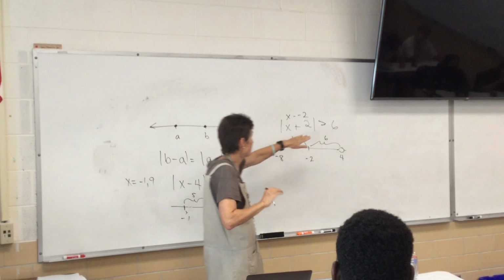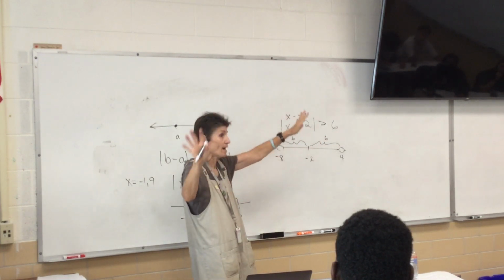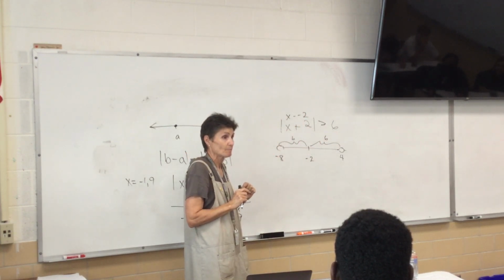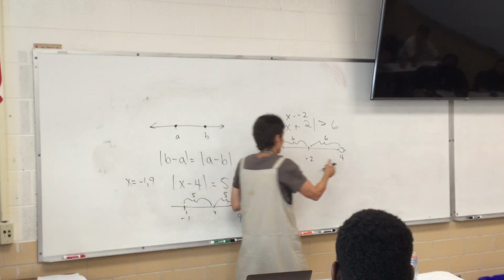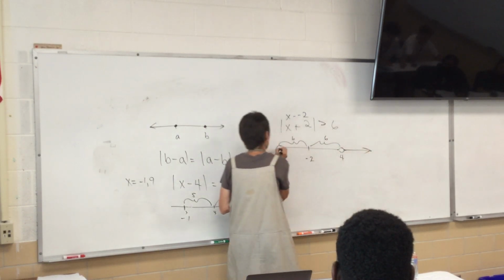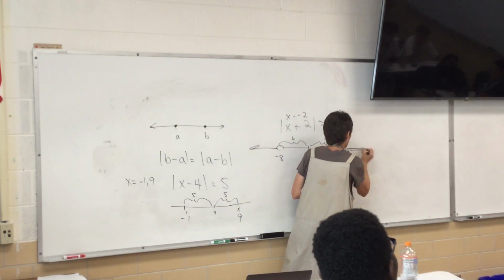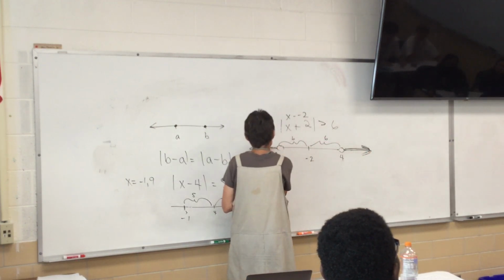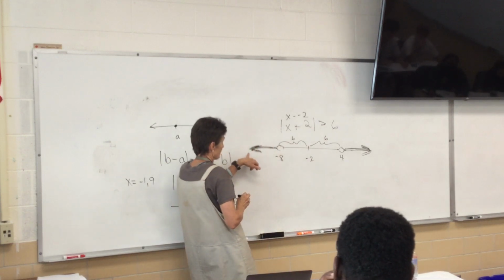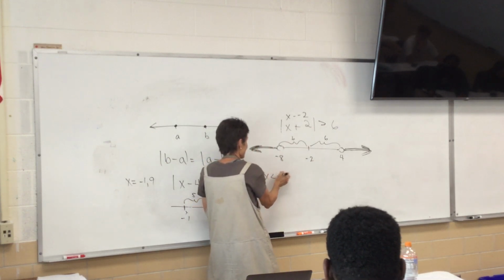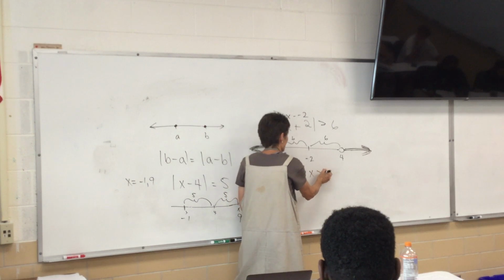If they have to be more than 6 away, where would they be? Exactly, Mr. Bernard, it'd be out here and out here. So my answers will be x is less than -8 or x is greater than 4.